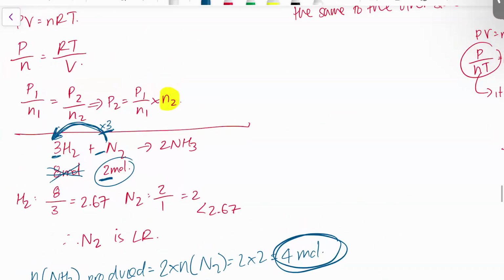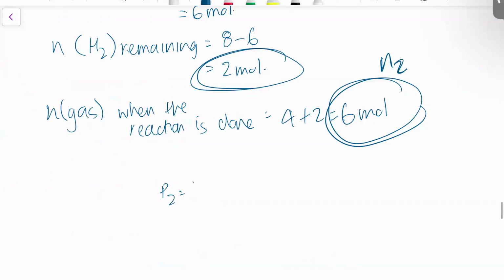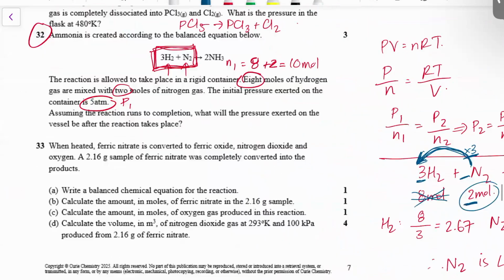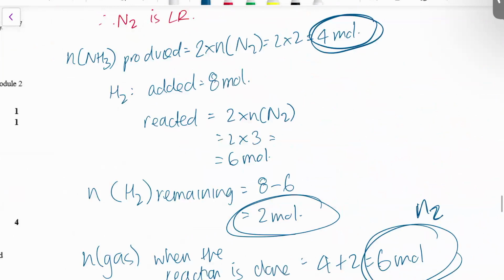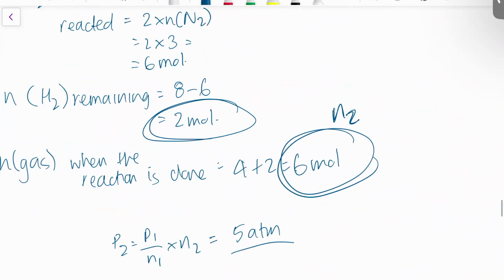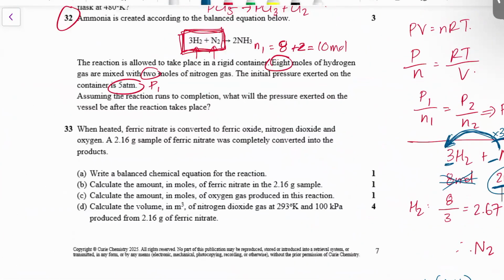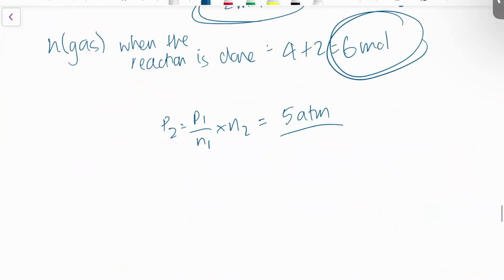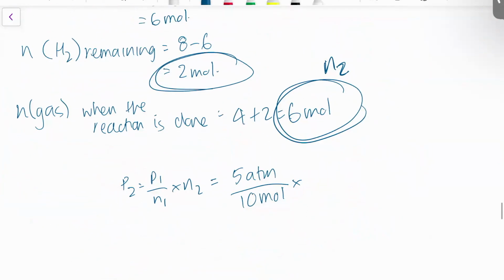The equation you guys got, P2 is P1 on N1 times N2. P1 you guys found in the question before. You guys said that was 5 atm. And then mole 1 was just the total that they put in. You guys said there was 8 from hydrogen, 2 from nitrogen. So in total at the start, there was 10. And then N2 we figured out now. There's 6 moles in total left over times 6 moles. What is your final pressure?